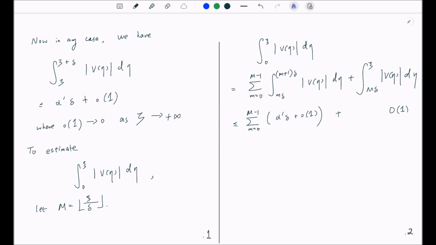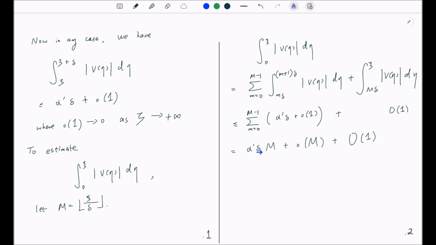And let's continue to see what this sum will give us. The sum is equal to alpha prime times delta times how many terms? M terms, plus little o of capital M plus big O of 1.